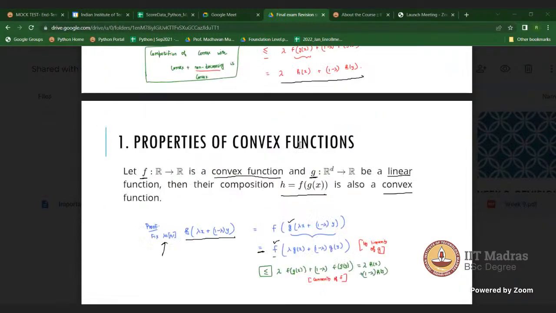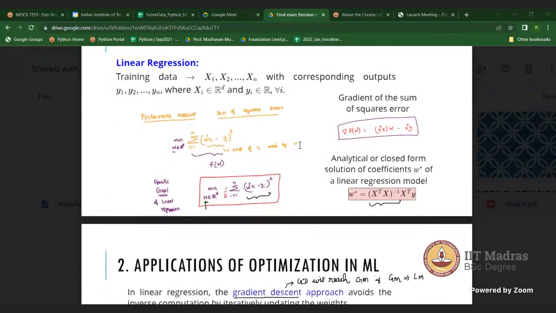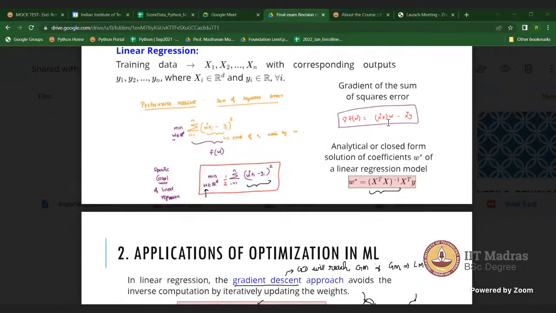So we equate this gradient to 0, which gives x transpose x w minus x transpose y equals 0, which gives w star, as we have mentioned, just to denote that it is an optimal solution, that is w star equals x transpose x inverse times x transpose y.